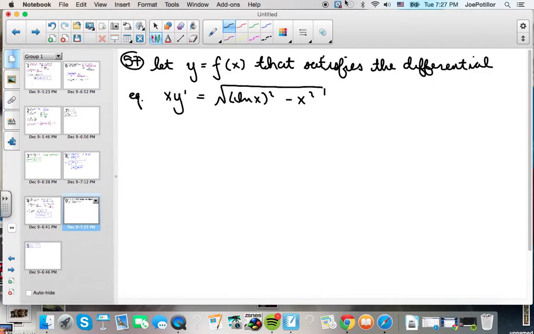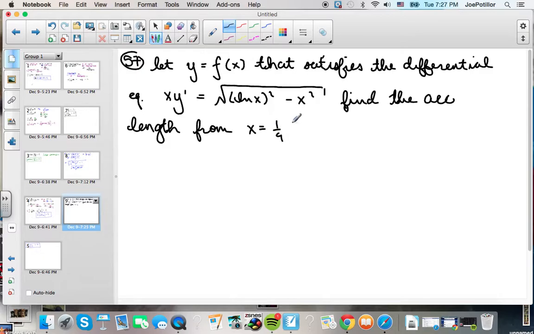And so we want to find the arc length from x equal to 1/4 to x equal to 1/2.